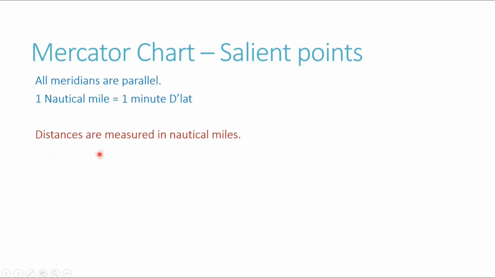The distances are measured in nautical miles, or in other words, the scale of distance is the same as the scale of latitude. The north-south distance measured on a Mercator chart in nautical miles is equal to the minutes of DLAT between the two places.